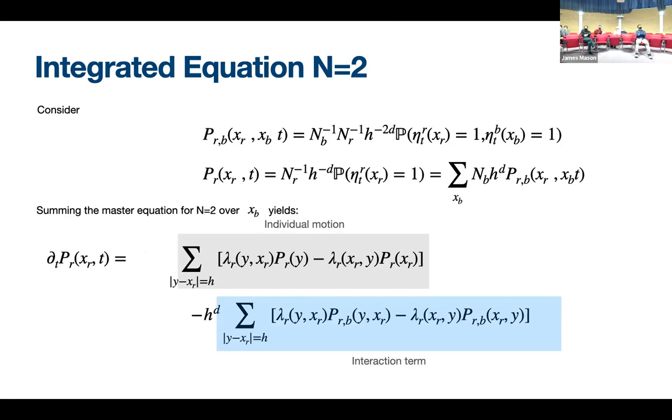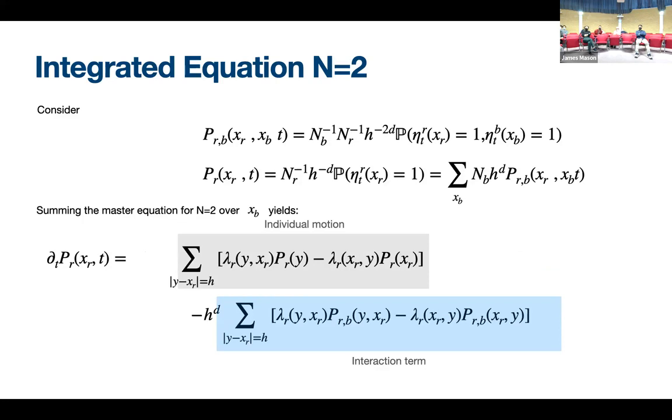This grey box here, labeled the individual motion, is the same right-hand side that we had when we just had one particle. So this is how a red particle would behave if it was on its own. But then we have an interaction term that comes from the jumps missed because there's a blue particle in the way.